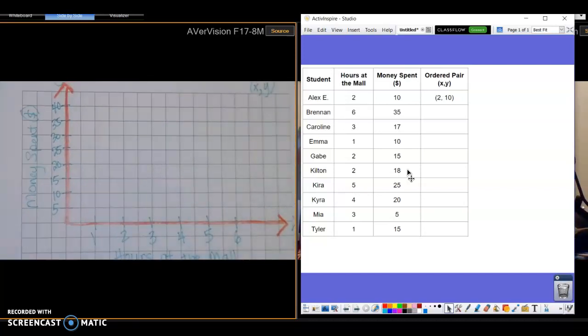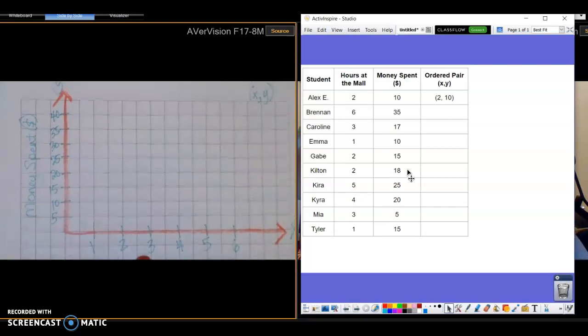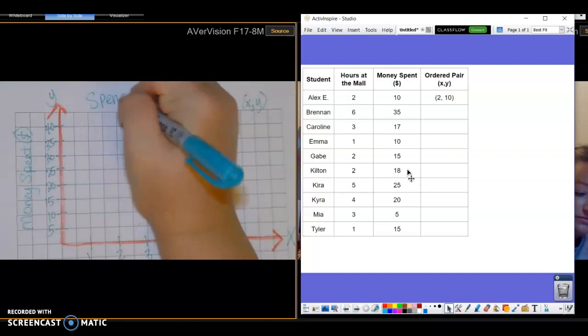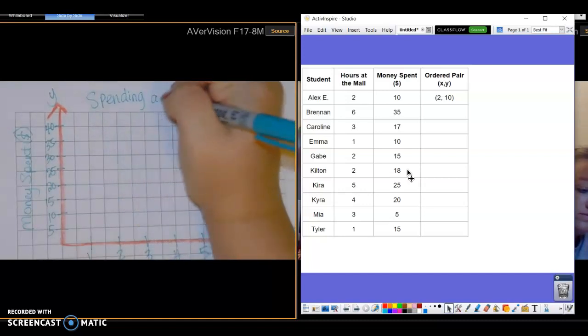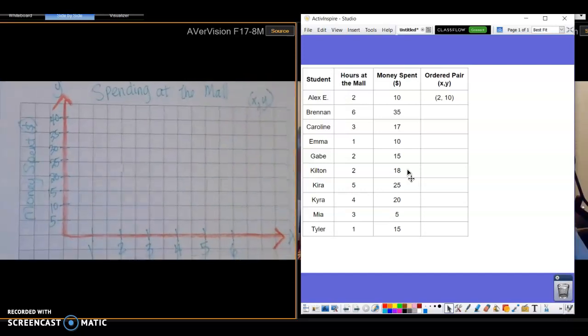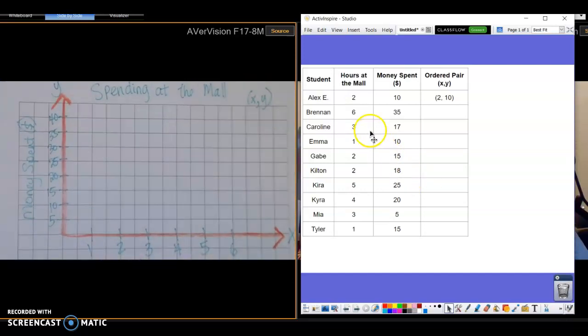Now I'm going to title my graph, and I'm going to call it Spending at the Mall. Now we're ready to take this information over here and put it on our graph.